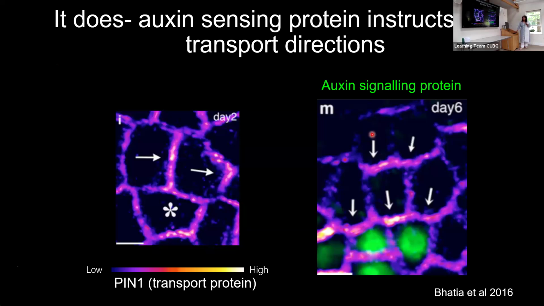And in this process, you can see that these two cells have become 4 cells. This was done in living plants, and plant cells continue to divide over time. So all these mother cells and their daughter cells could change their transport protein localization from the sides to the side of the neighboring cell where there was high auxin signaling activity.